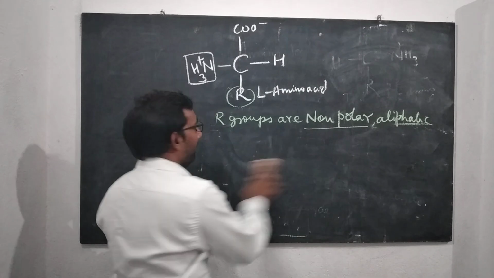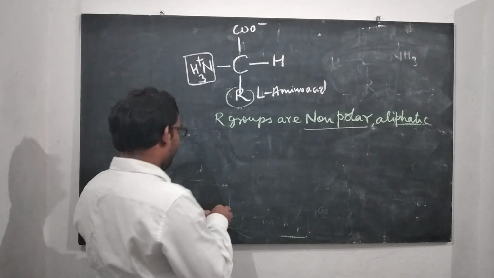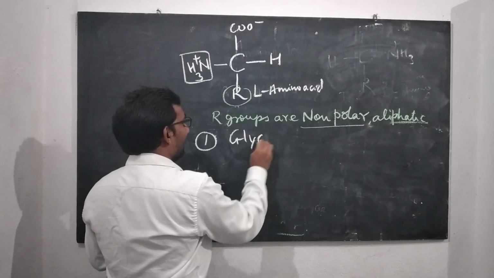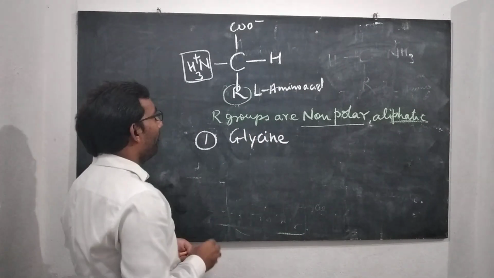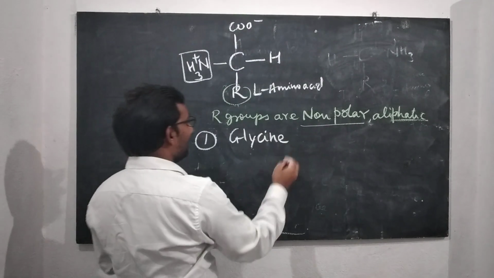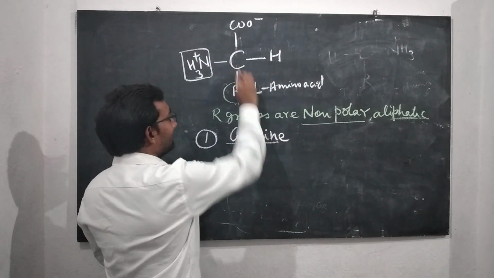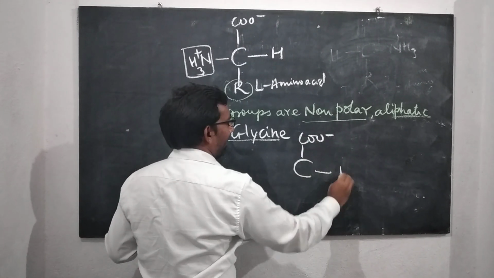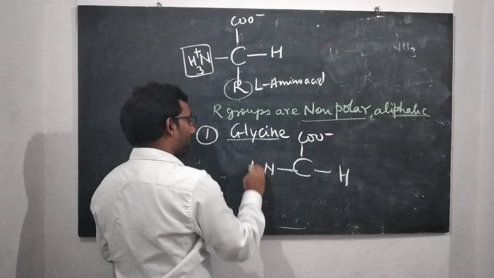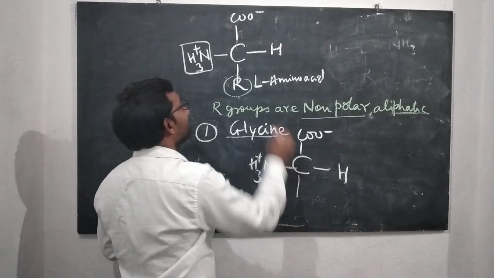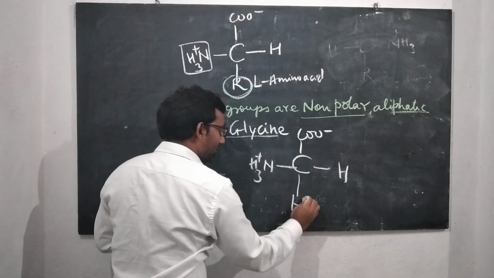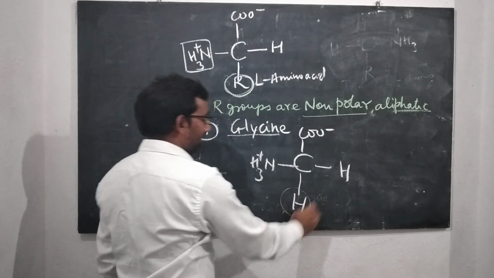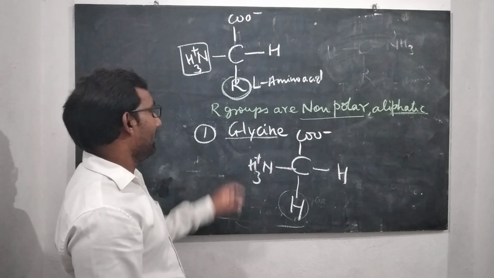For example, the first amino acid in this group is glycine. Very simple. How will you write the structure of glycine? Simply write here COO minus, on this side H, on this side the amino group, and on this side, instead of R, you write H. When instead of R you write H, this becomes glycine.